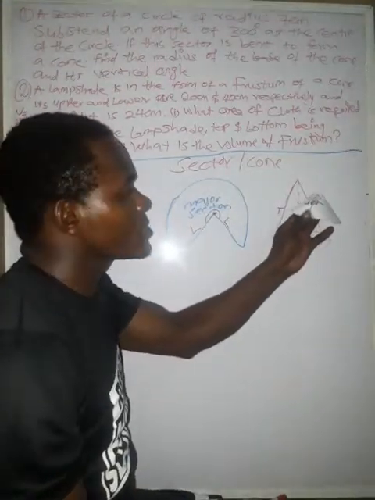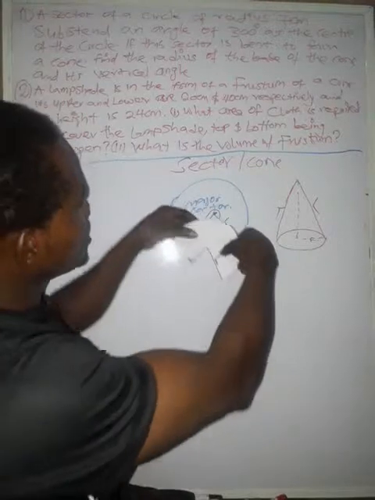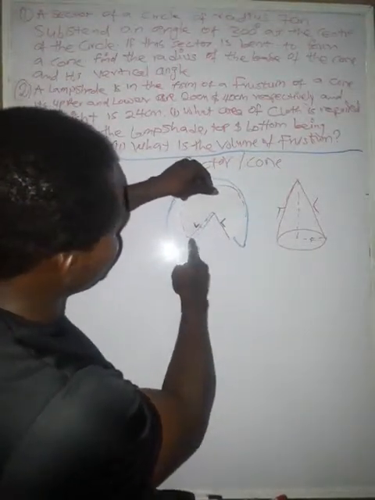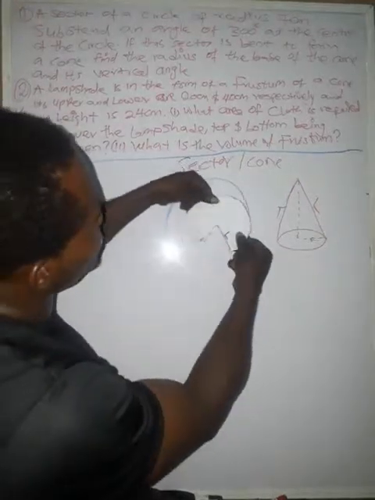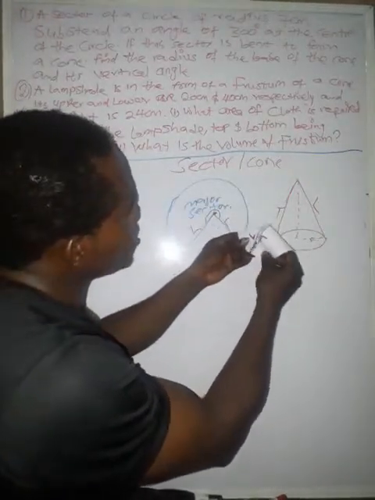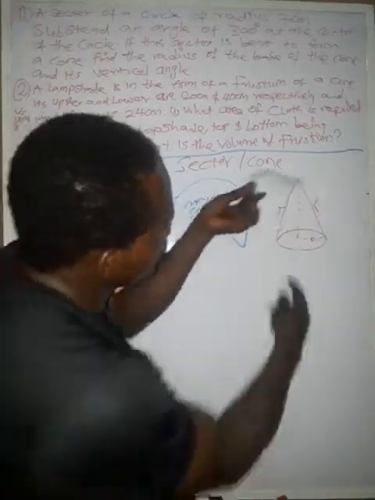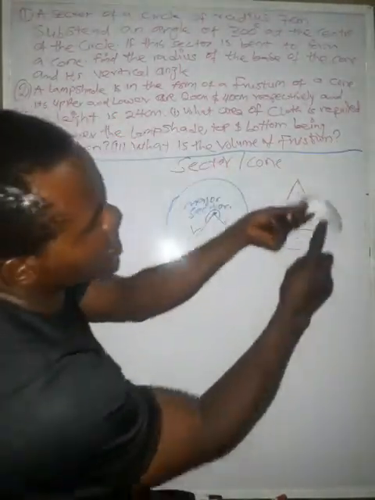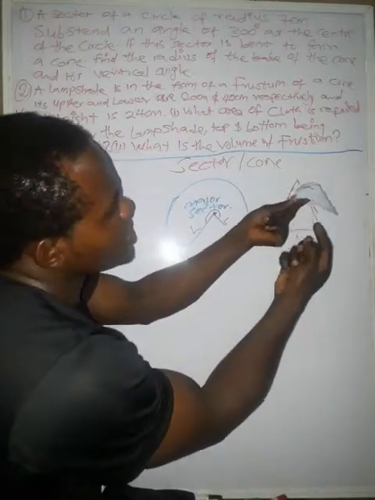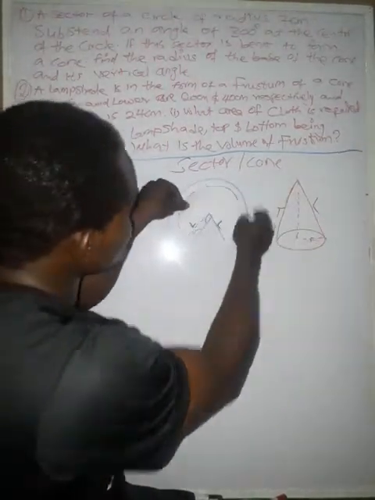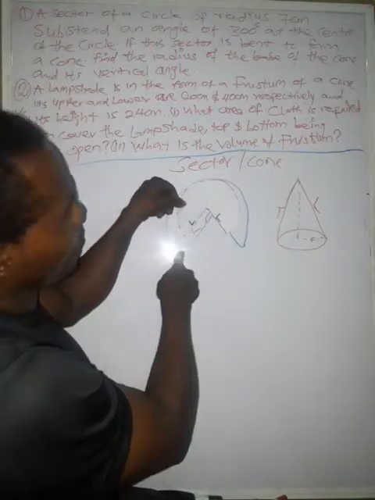Another thing is this: the length of an arc. If you look at it from here down to this place, the length of an arc has become the circumference of this circle. That is another relationship. This circumference here has formed a circle now, and it is equal to the length of an arc.